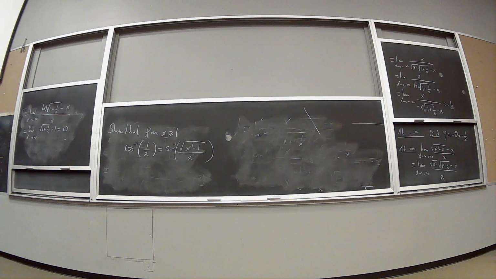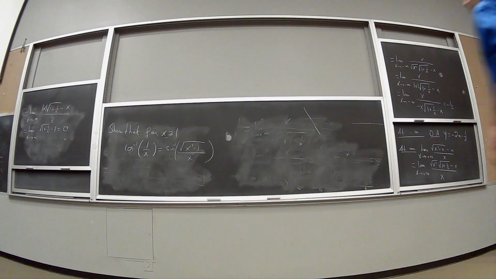Probably someone who, yes, take the derivative of both sides. Okay, and then what should I be getting? They're equal, and then this allows me to say that I differ by a constant, and then I have to find this constant. Thank you. Yeah, that's it.